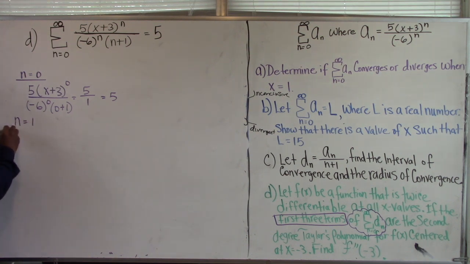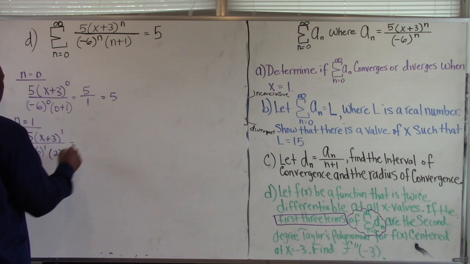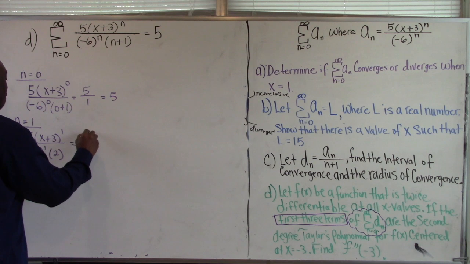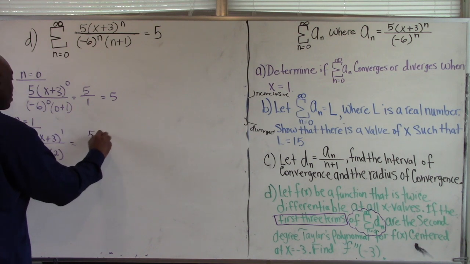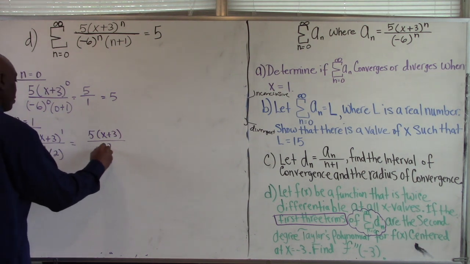We get 5 times (x plus 3) to the power of 1 over negative 6 to the 1 times 2, which is going to be negative 12. 5 times (x plus 3) all over negative 12.